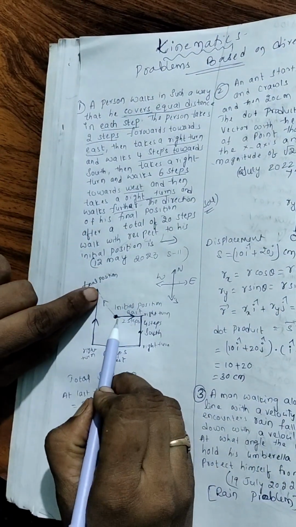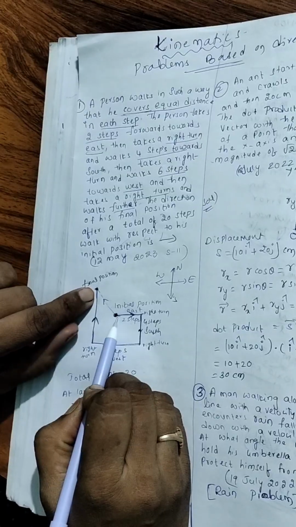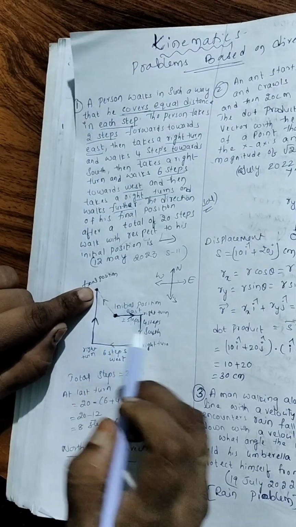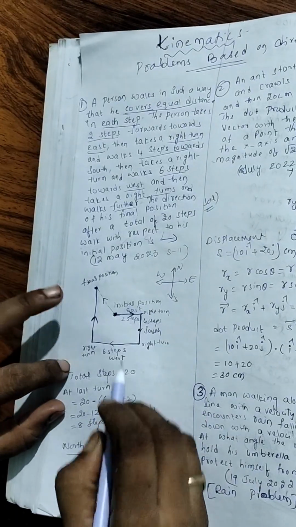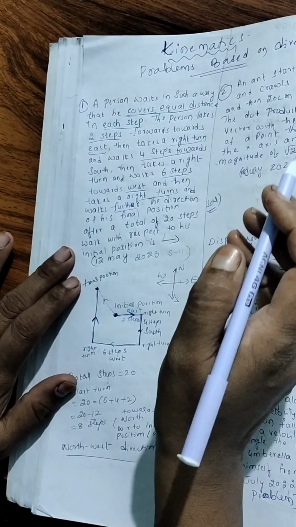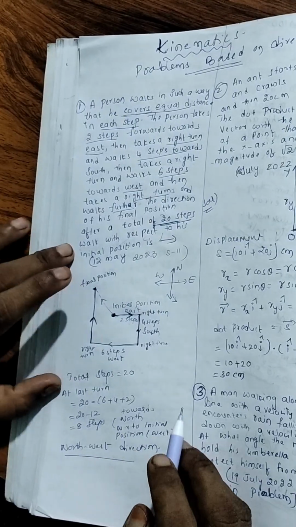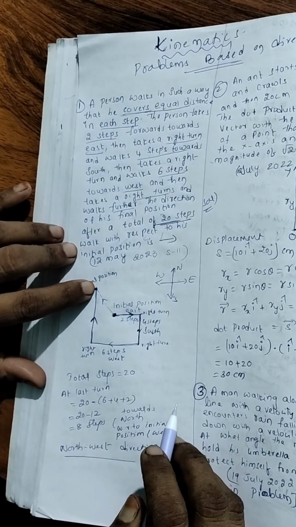Now he is asking to find the position of the final point relative to the initial position. The total steps he gave is 20. Now let us see the last turn.